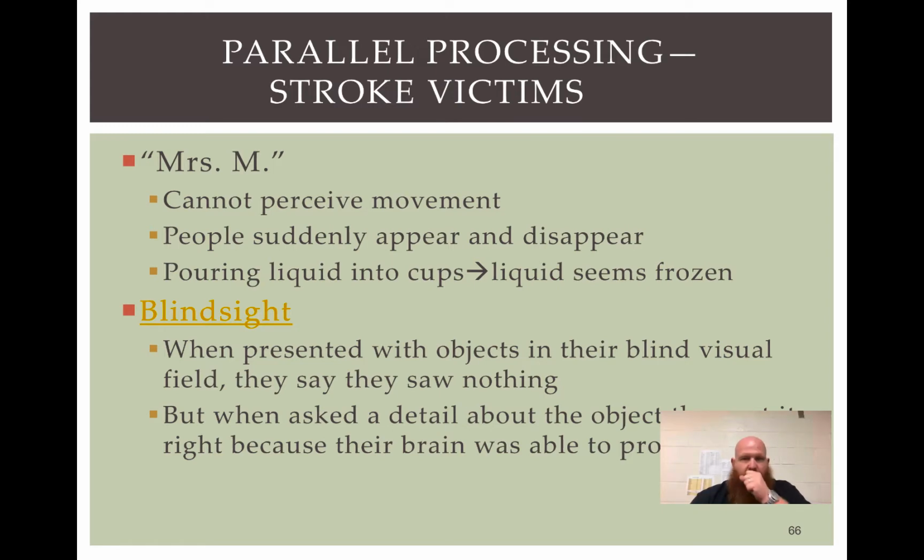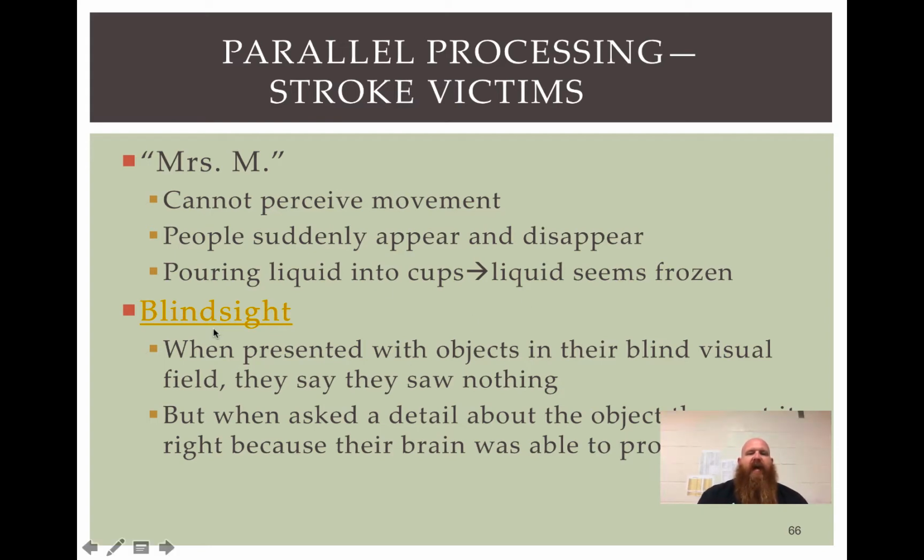And here are some examples of this. When parallel processing fails, and a lot of times you see this in stroke victims, Mrs. M may not be able to perceive movement, where people will suddenly appear and then disappear. And then pouring liquid into cups again seems frozen because they don't have that movement. You can't see the movement of the liquid.